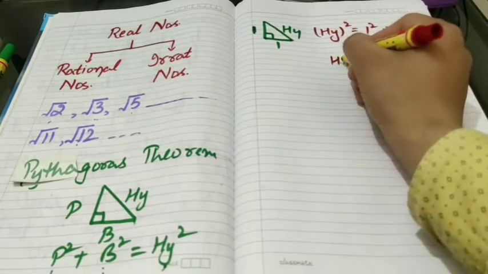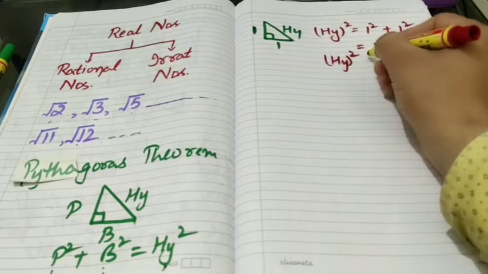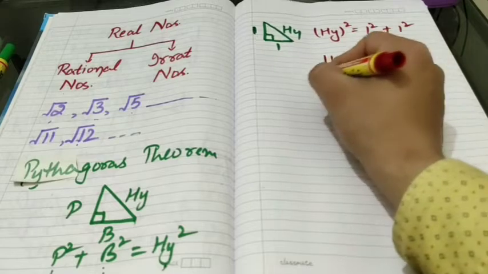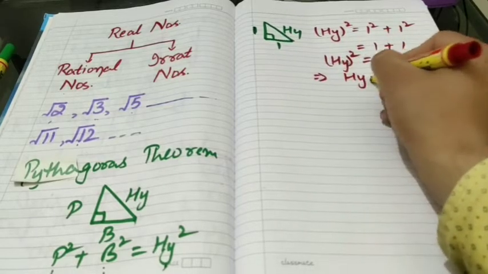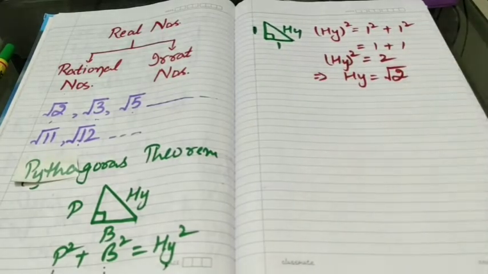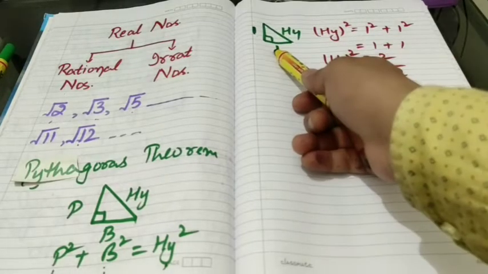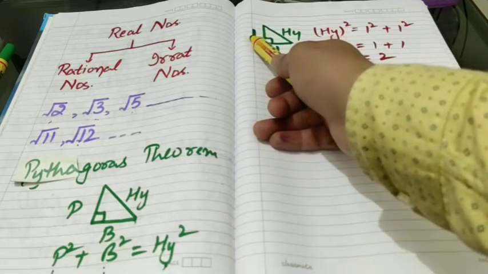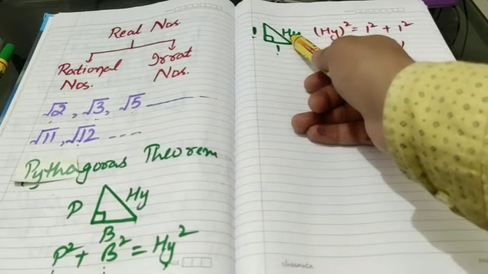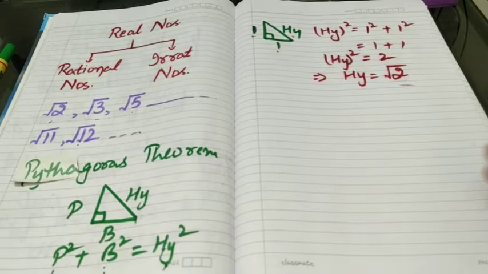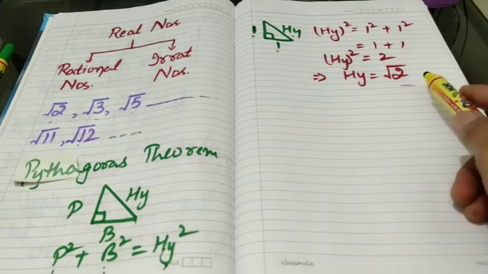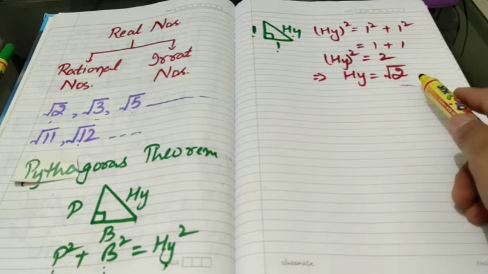From here we get that hypotenuse square equals 2, or we say hypotenuse equals square root of 2. So we can conclude that if base is 1 unit and perpendicular is 1 unit, then hypotenuse will become square root of 2. Now we will use this to represent square root of 2 on number line.